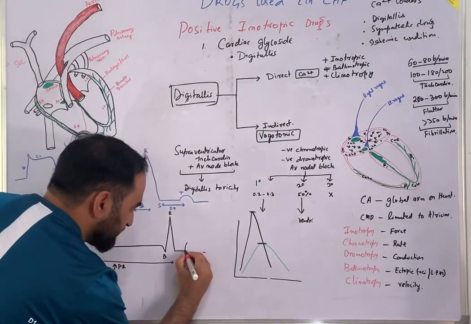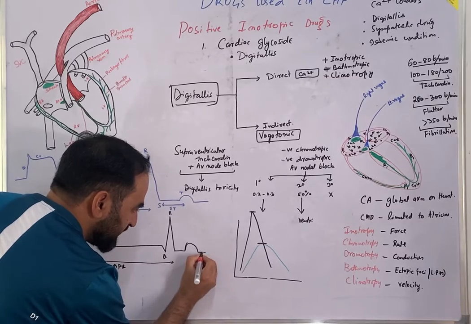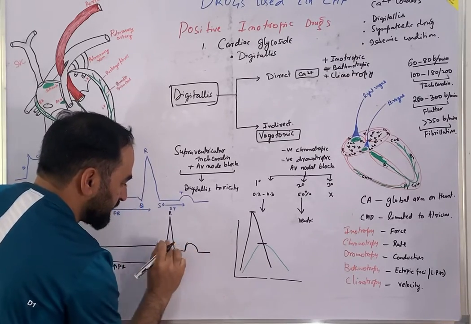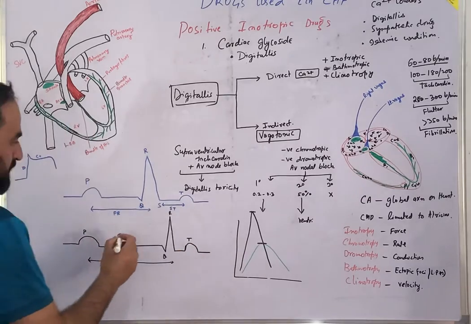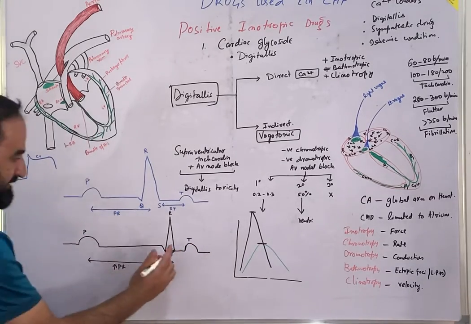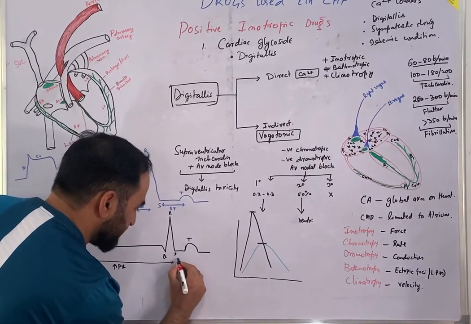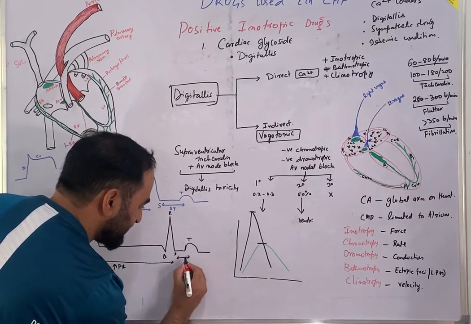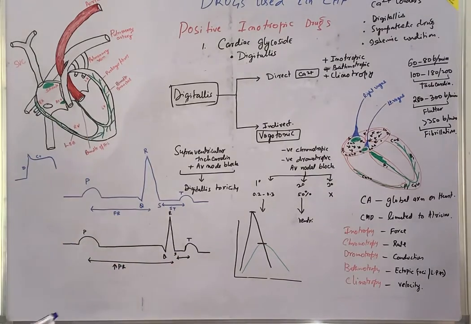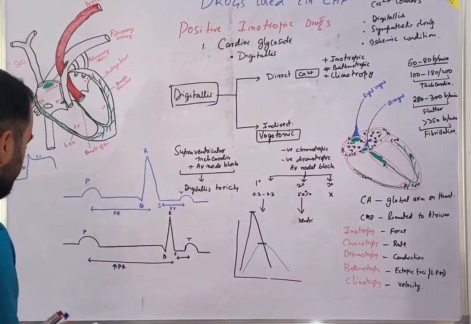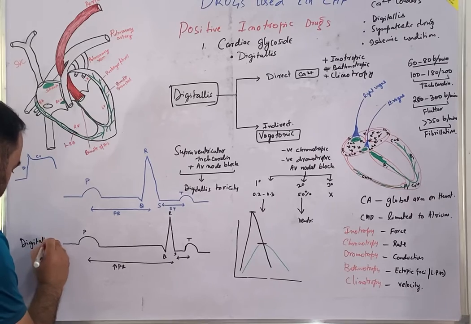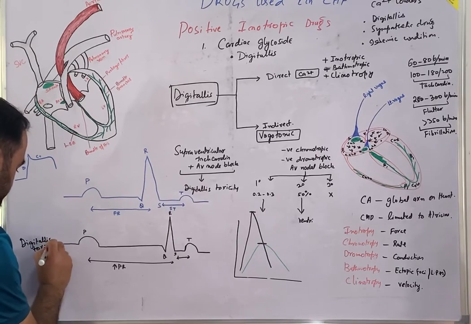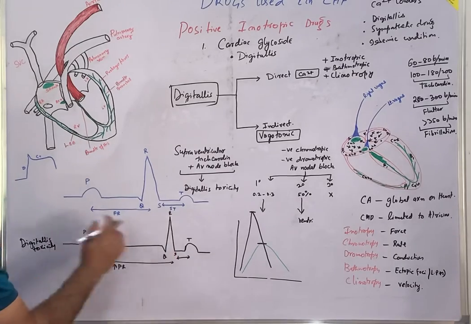So this is the T wave. See, the PR interval increases, and the ST segment decreases. This is the typical ECG pattern of digitalis toxicity.